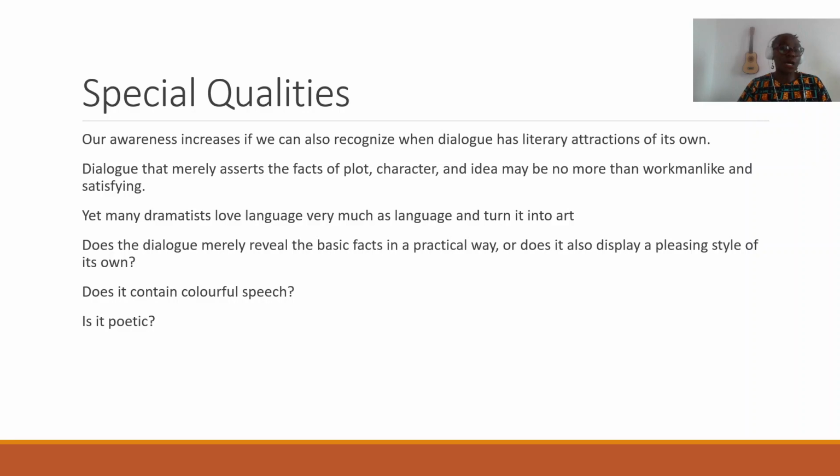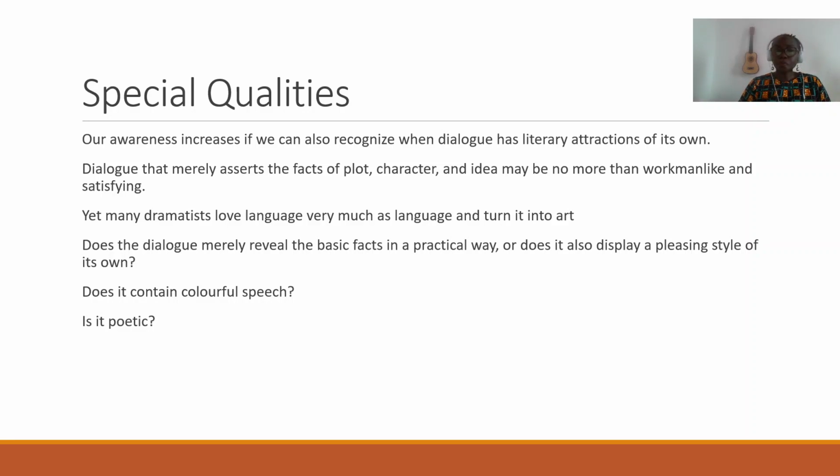Dramatists love language, and so some of them turn language into art. Others can just use it as a way to express the facts of plot, character, and so on. It can do both, but then it is more appealing to read a dialogue that has been made sensuously attractive, as Aristotle puts it. The one that has some poetic feel to it.